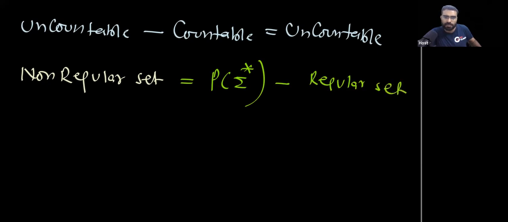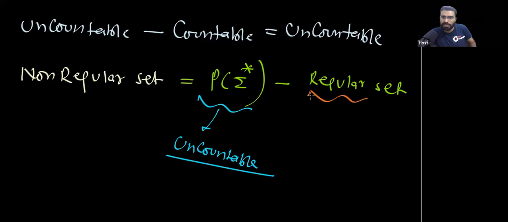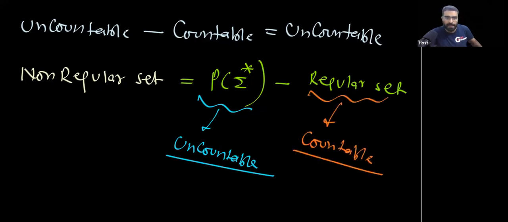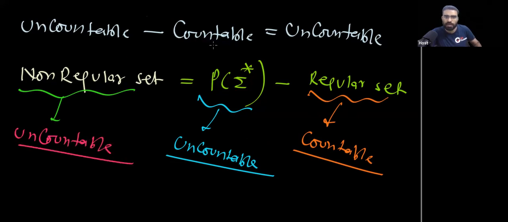Yes or no? The set of all languages is uncountable, and the set of regular languages is countable. So automatically what will this become? Uncountable minus countable is uncountable, right? So this is your answer. The set of all non-regular languages will be uncountable.